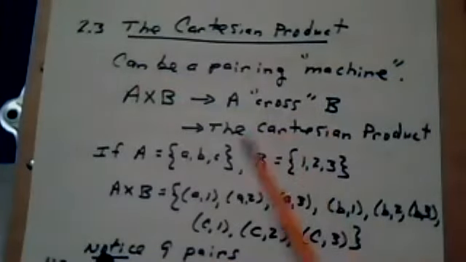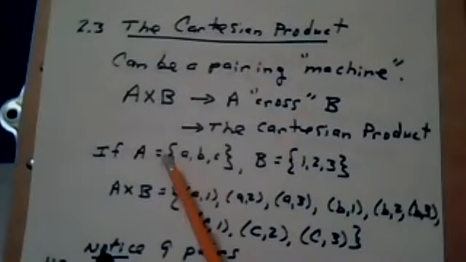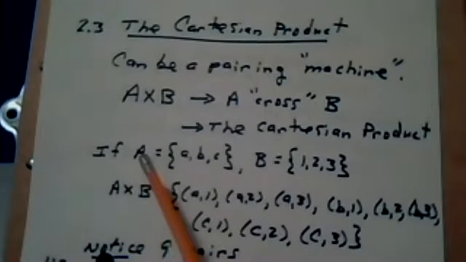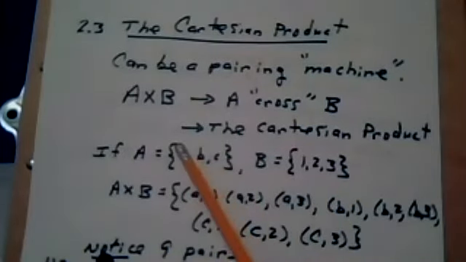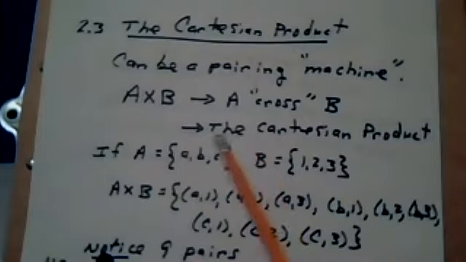So let's find the Cartesian product between these two sets. These are the members of the set. So we're going to find A cross B. All it means is that you're going to pair every member of A with every member of B. So it's A with all these three, B with these three numbers, and C with these three numbers. And notice the pairs that you form.